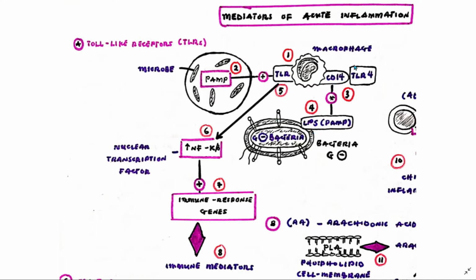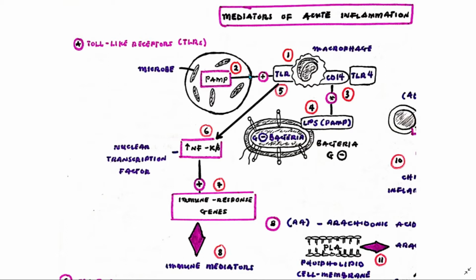CD14 is a co-receptor for TLR4, and it is located on macrophages. Its function is to recognize lipopolysaccharide, which is a pathogen-associated molecular pattern, or a PAMP, on the outer membrane of gram-negative bacteria.